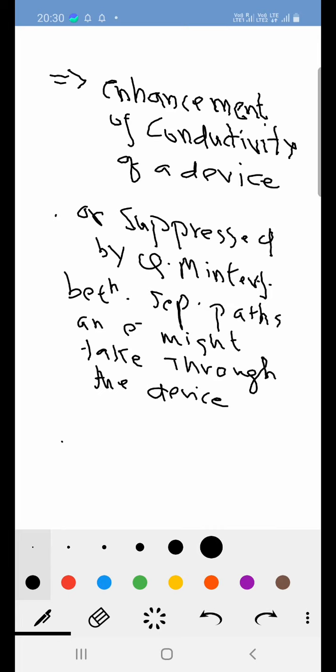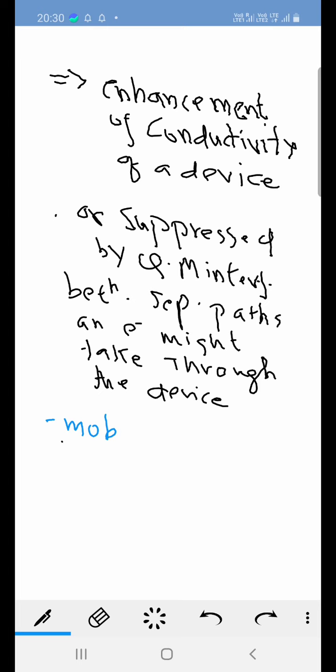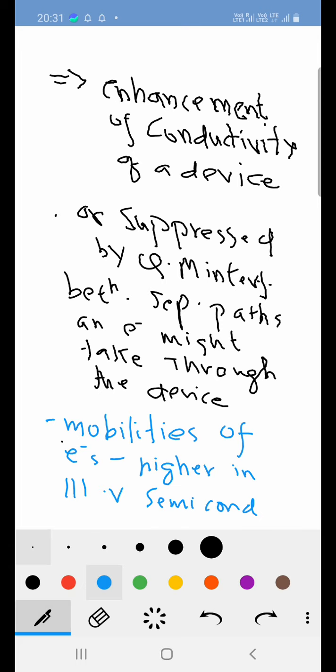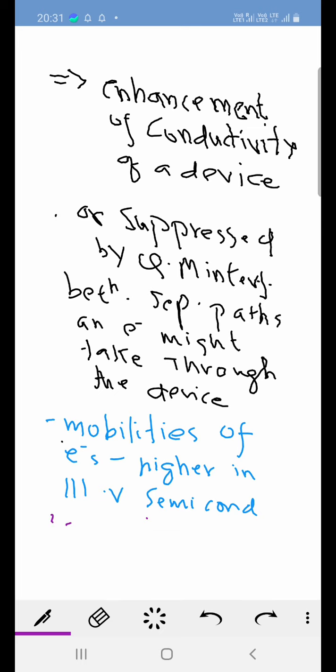So if you compare the normal semiconductors silicon and germanium with the III-V semiconductors, it has been found that the mobilities of electrons are higher in III-V semiconductors, and it is also easier to fabricate defect-free junctions between different III-V semiconductors. So there is easy defect-free fabrication of these III-V semiconductors.